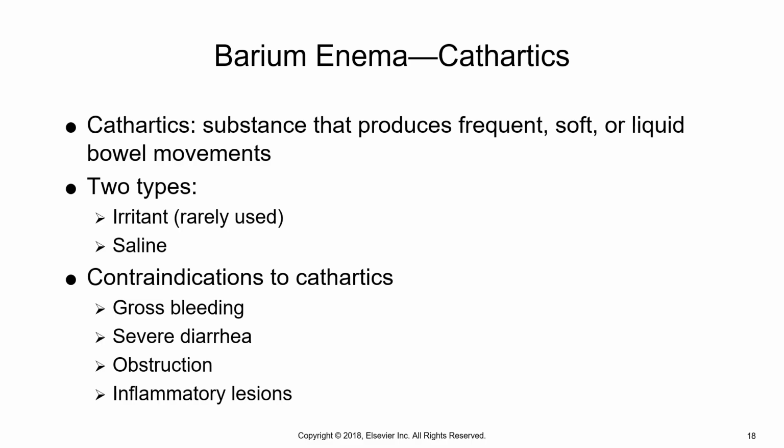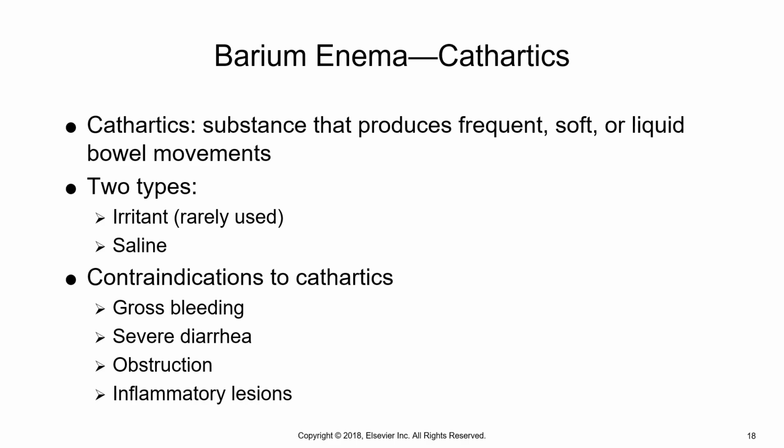Gross in that scenario means a lot, like significant rectal bleeding. You would not want them to do the cathartics. Severe diarrhea, if they have a possible obstruction, and/or if they have any kind of inflammatory lesions. Anything like colitis or appendicitis, you would not want to use any cathartics for that patient.